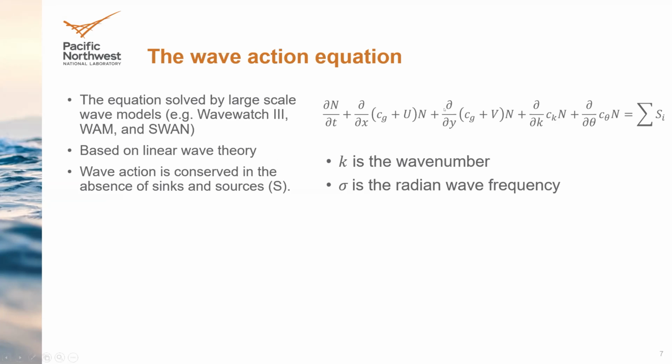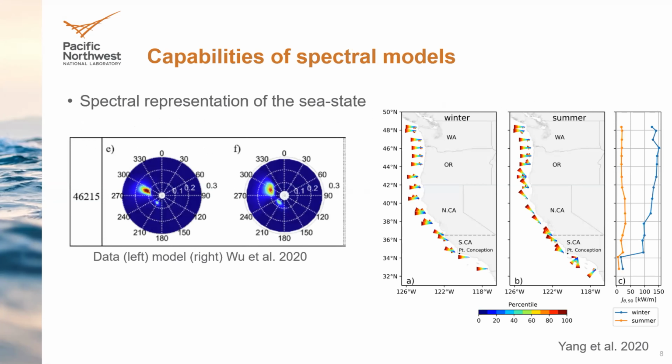And then on the right side, you parameterize all of the physics, like winds, when waves break, bottom friction. And this is the backbone of the major models like WaveWatch and so on. So these models are very capable, and I'll show you some examples why.